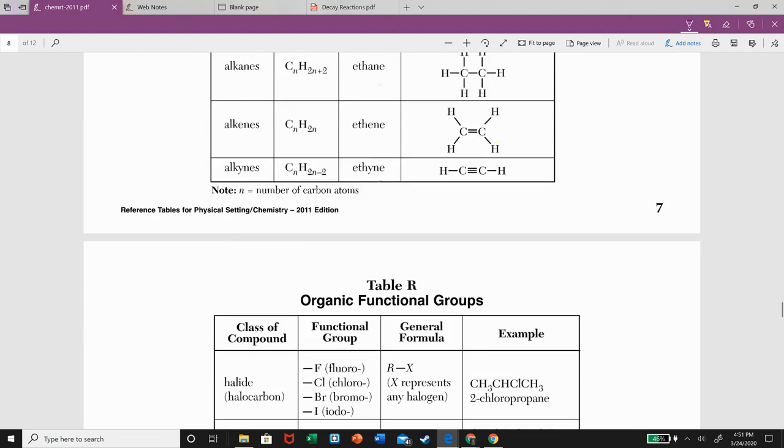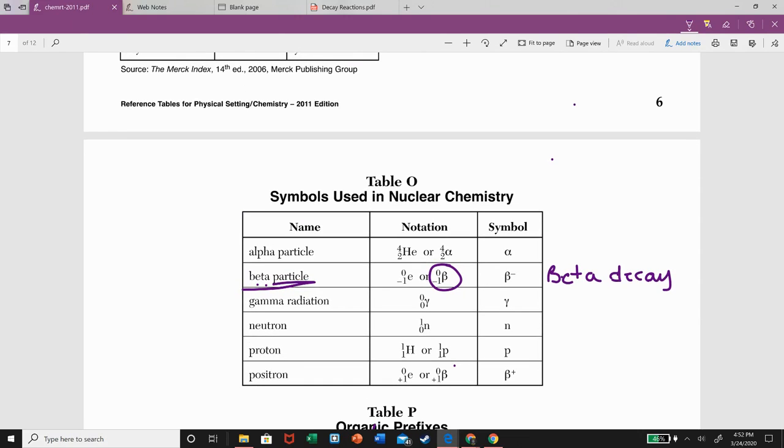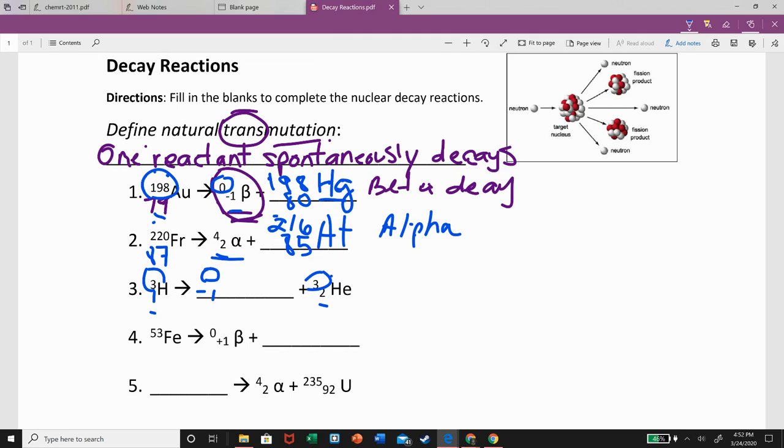I'm actually going to be looking at my particle table, table O. So which one has the negative 1 on the bottom and the 0 on the top? That's right, our beta particle, right? Be very careful. Your positron is a positive 1 at the bottom. The beta particle is the one in this case. So then I'm just going to write the symbol for a beta particle. You can use the e or you can use that funny looking b, which is basically the Greek letter beta.